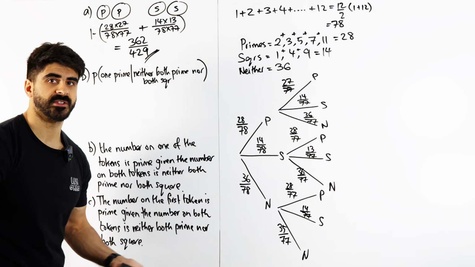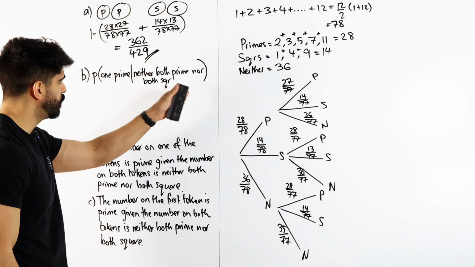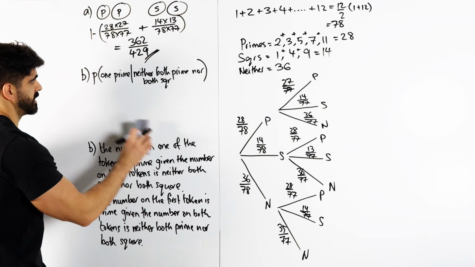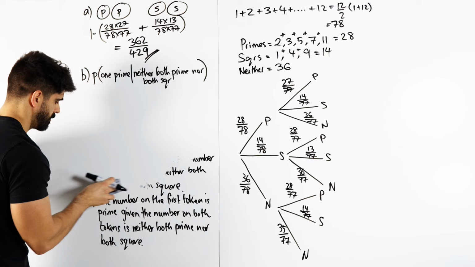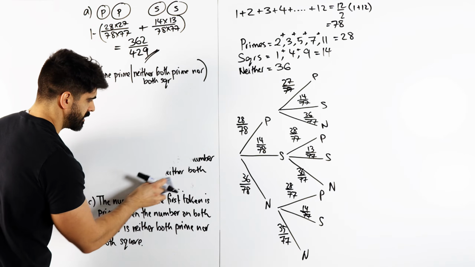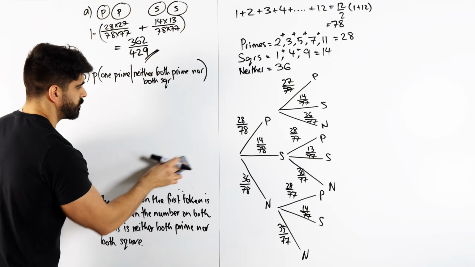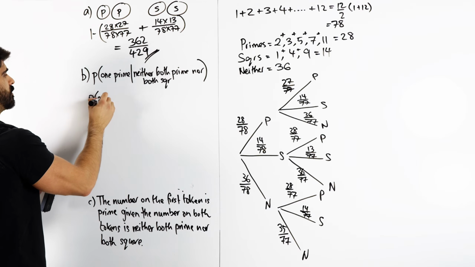I guess we just go about the standard procedure and change it into an AND statement, and then it's going to be over this probability. Just for space, I don't think we need this anymore because we've written it. So we want the probability of 1 prime, given the situation we had in part A. We worked out the probability that neither were both prime nor both square.